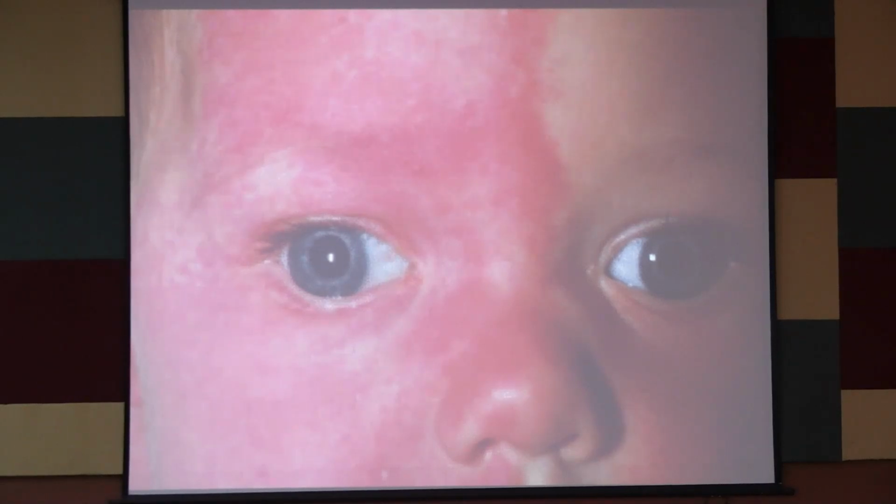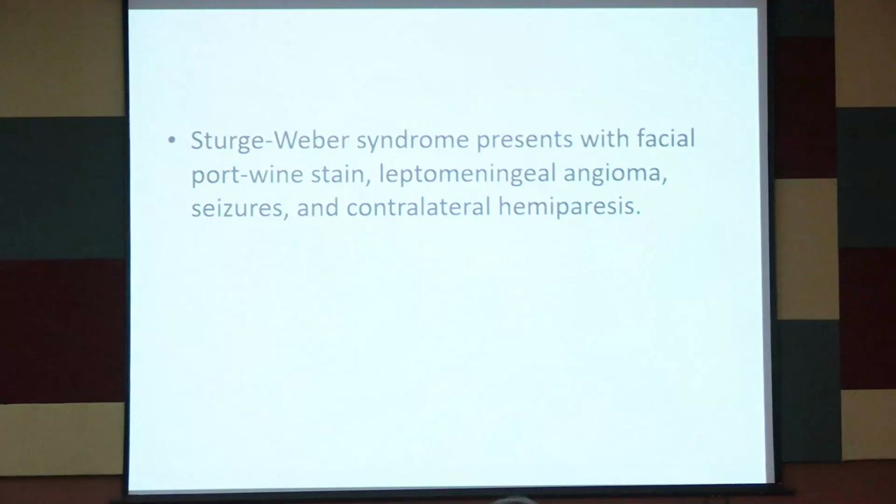It can give rise to convulsion: a huge hemangioma on one side of the body and then convulsion. This type of picture may be given in the exam for radiology.